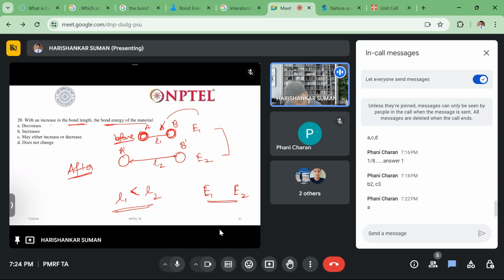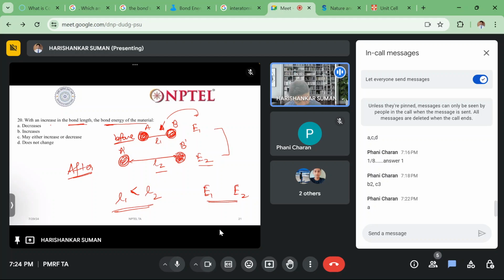The force between these two atoms will be higher if we break the bond here, and here the atoms are separated much farther, so the force between the two atoms is weaker, so the required energy will be lower.